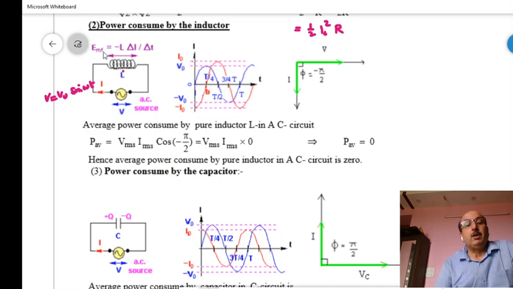Now, using the Faraday law of electromagnetic induction, the effective EMF is equal to minus L di by dt across the inductor.